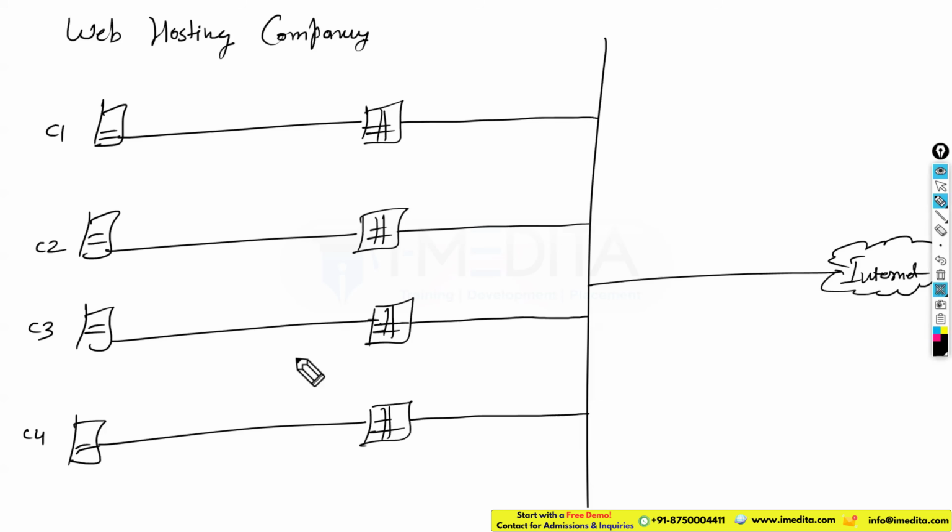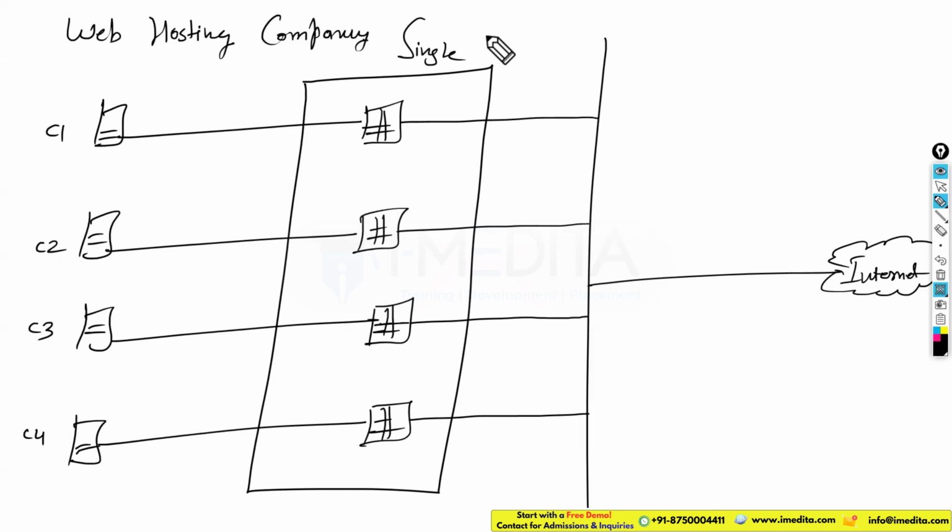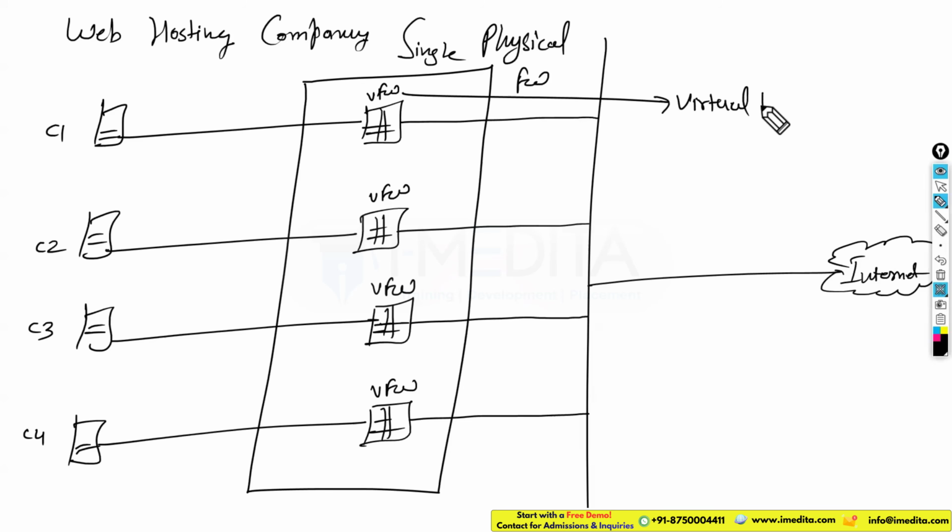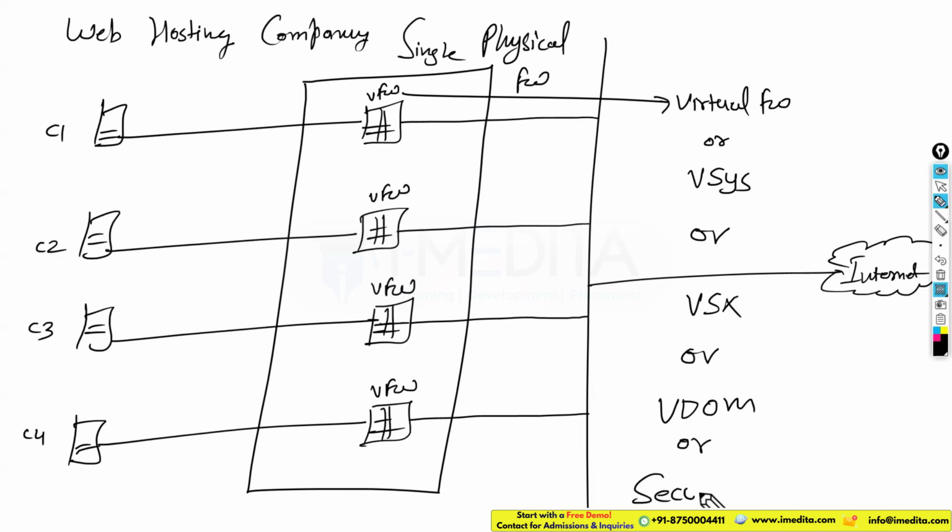All vendors say there is no need to purchase multiple physical firewalls. Purchase a single physical firewall, then create virtual firewalls. These virtual firewalls are called VSys or VSX or VDOM or security context.